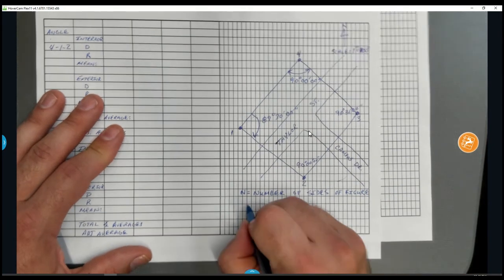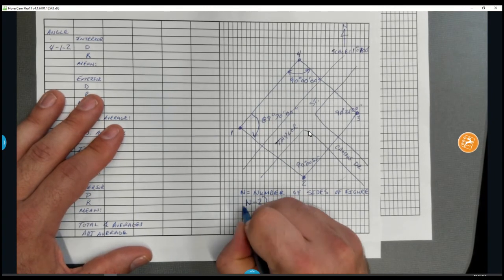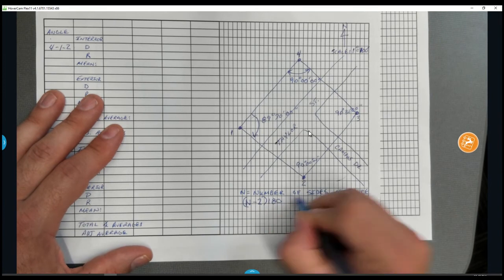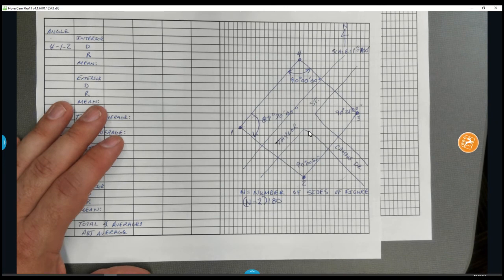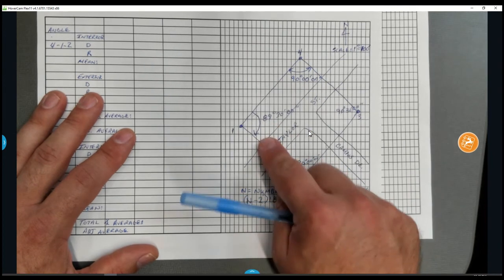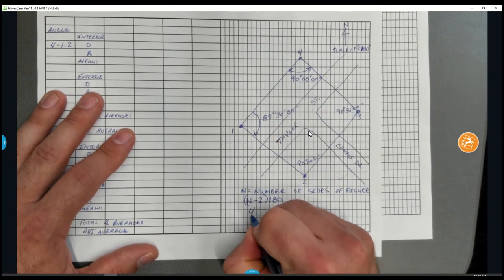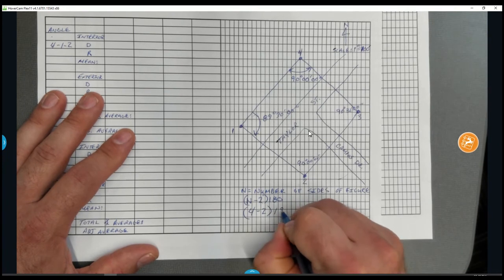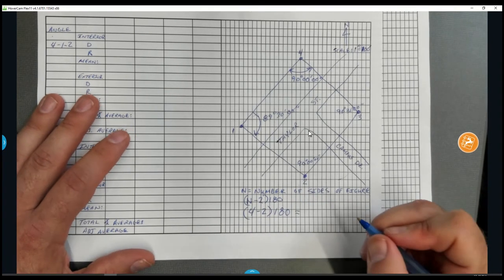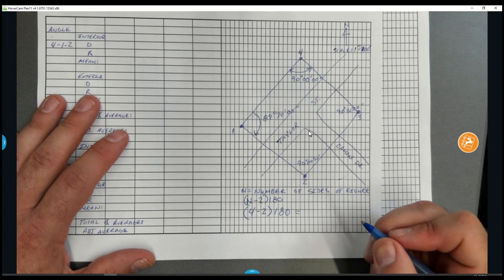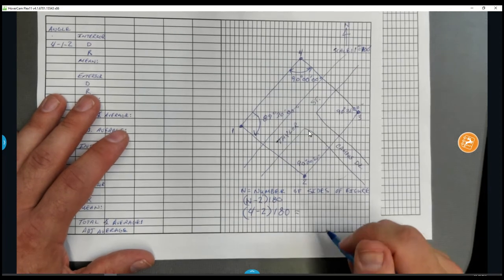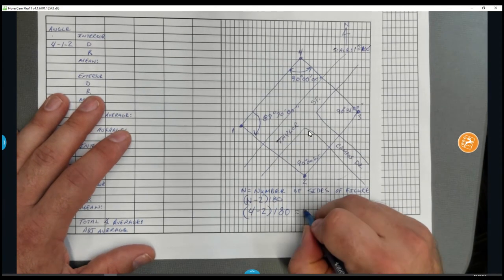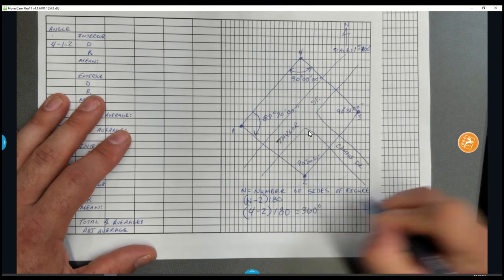So n minus 2 times 180 will give us what we should have for our total angle in that figure. In this case I have 1, 2, 3, 4 sides. So I should have 4 minus 2 times 180. What does that equal for the perceived or needed angular total? It should be 360 degrees, right?